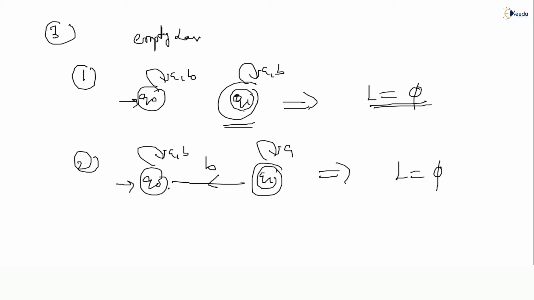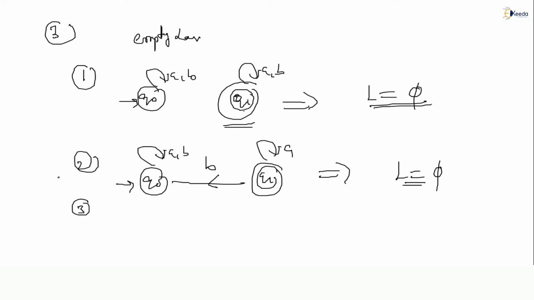There is a transition from Q1 to Q0 on B, but no transition from Q0 to Q1. So every input string stays at the Q0 state only, is always rejected, and the FA accepts the empty language.